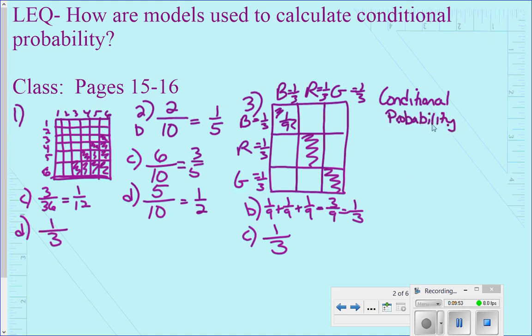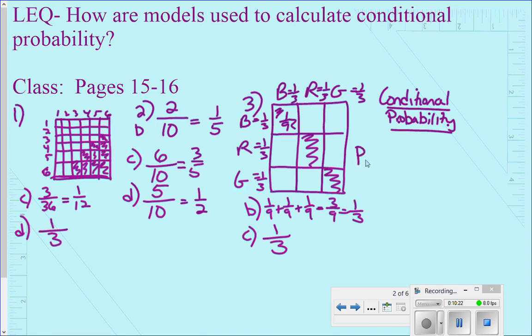With conditional probability, you use it when you have questions that are worded something like, if you know that something, find the probability of something, or given this, find the probability of this. So look for that keywording. Given this, find the probability of this, or if you know this, find the probability of this, or find the probability of this if you know that this already happened. All of those would be indications that we're going to use the conditional formula.